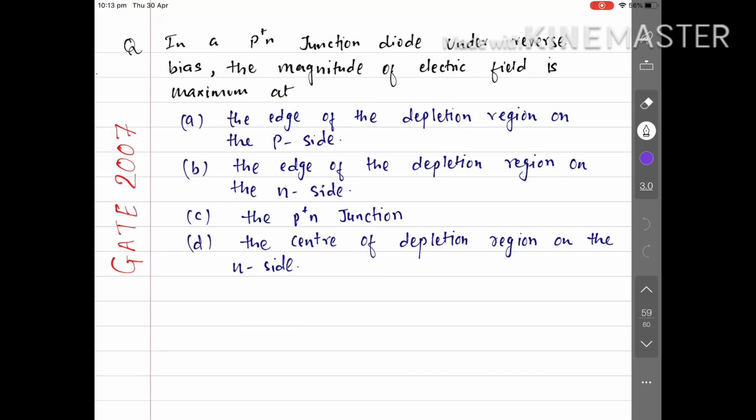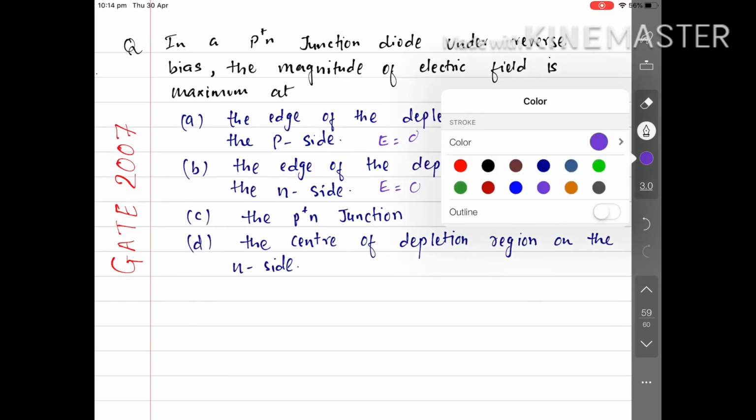No, we have seen that the maximum electric field won't lie at the edge of the depletion region, either n side or p side, where the electric field is always 0, whereas the maximum electric field we got is at the p-n junction. So the right answer for this question would be C.